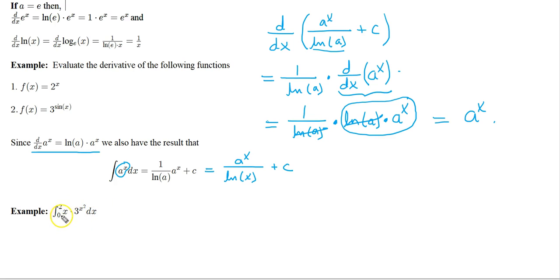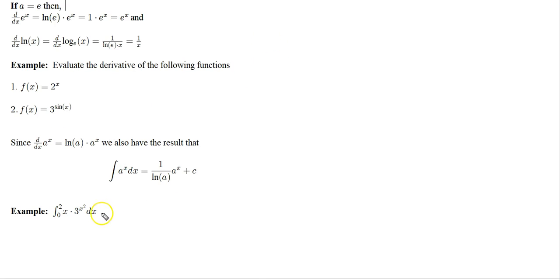So we want to evaluate the definite integral from 0 to 2 of x times 3 to the x squared power. Now with this one right here, you notice that if we look at the formula here, it doesn't quite match. The x right here and the x right here, they don't match.